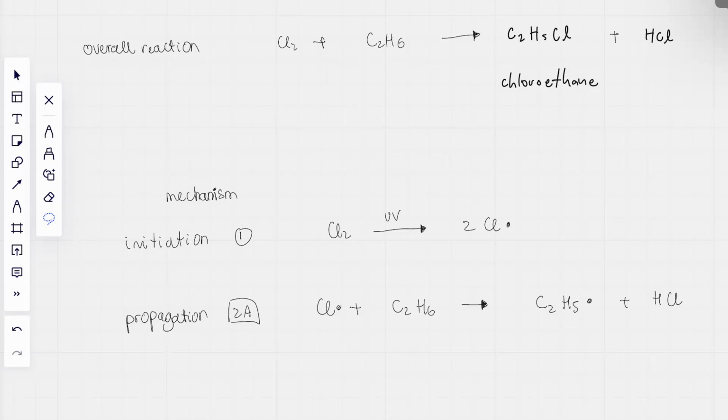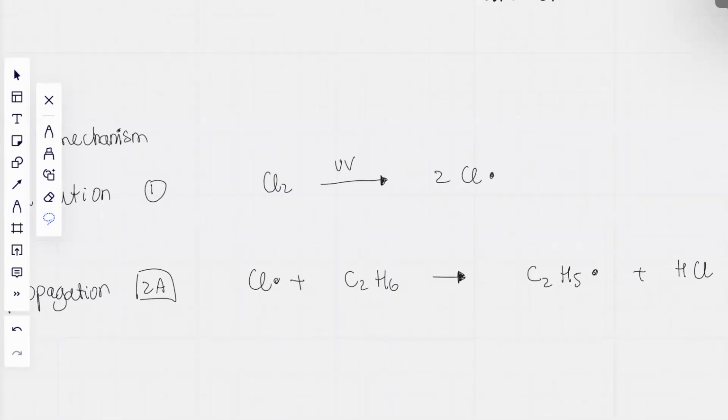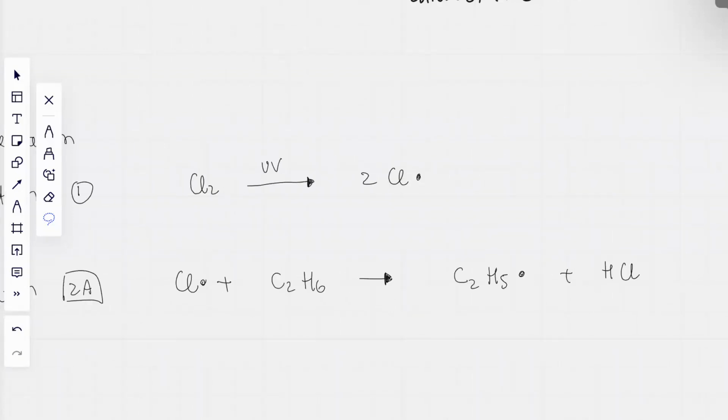First of all, initiation. Initiation means you are producing the radical. Then the Cl radical reacts with C2H6. Then you produce C2H5 radical, and in the process you remove Cl.